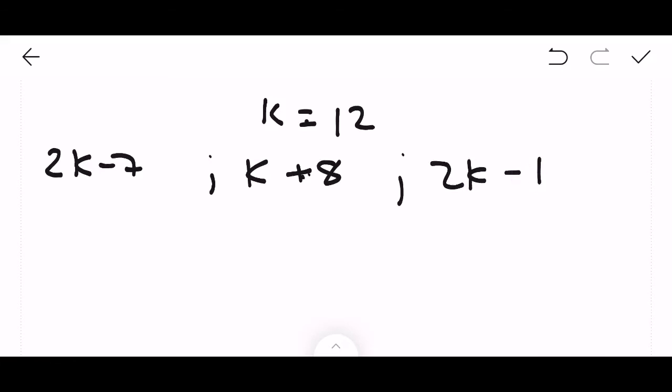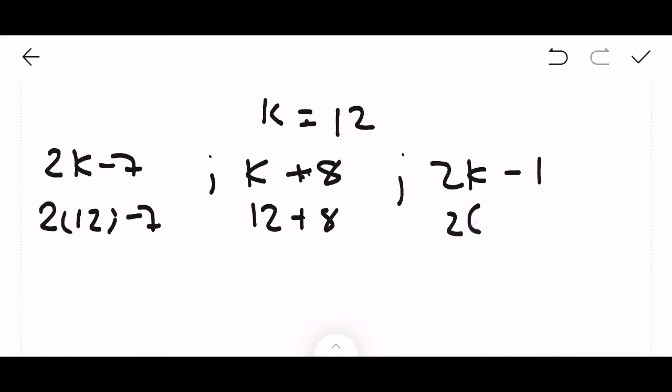So substituting k here, we have 2 into 12 minus 7, where we have 12 plus 8, and here we have 2 into 12 minus 1. So this here will give us 17, and the following one will give us a 20, and 2 into 12 minus 1 will be 23.